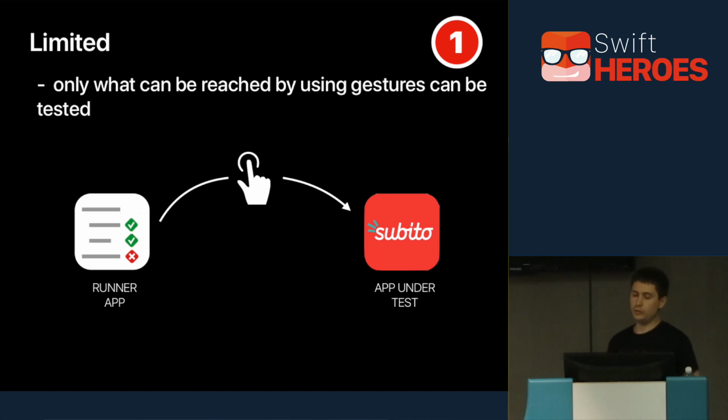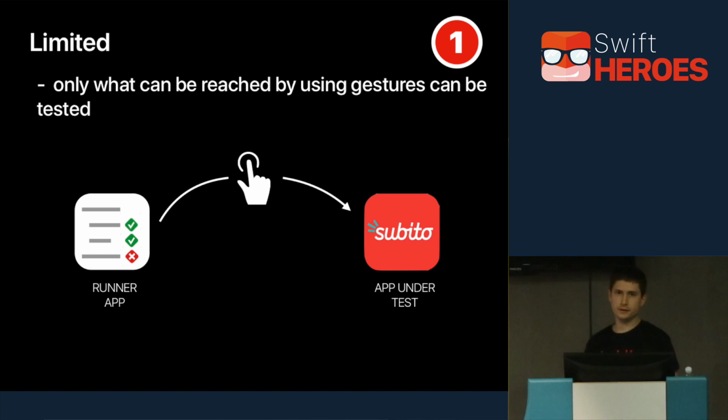Just as an example, think of a path in your app that is triggered by a particular network response or a specific setting in your user defaults. So this limitation is due to the fact that the testing code lives in a completely separate process, actually a completely separate app called the runner app that is responsible to execute your testing code and interact with your application by applying gestures.